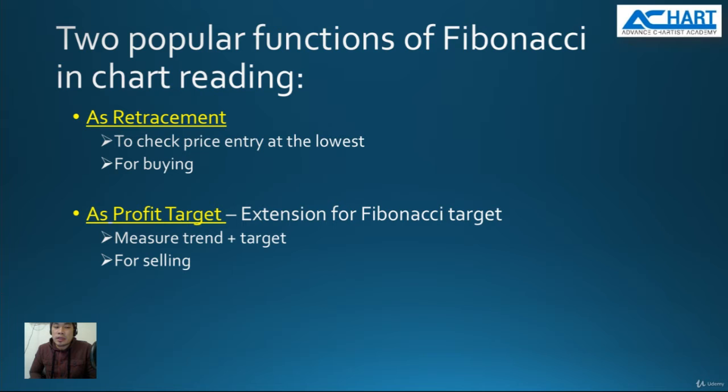Now remember, most people say that we have to buy on the breakout, but actually to buy at a very low risk, at a very low entry, we have to use Fibonacci to predict so that we can enter at the lowest price possible. Besides helping us with retracement predictions, Fibonacci also helps us predict our profit target.